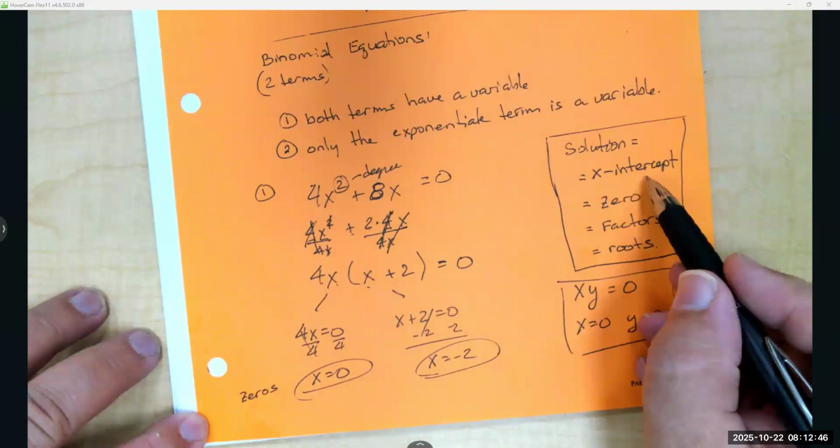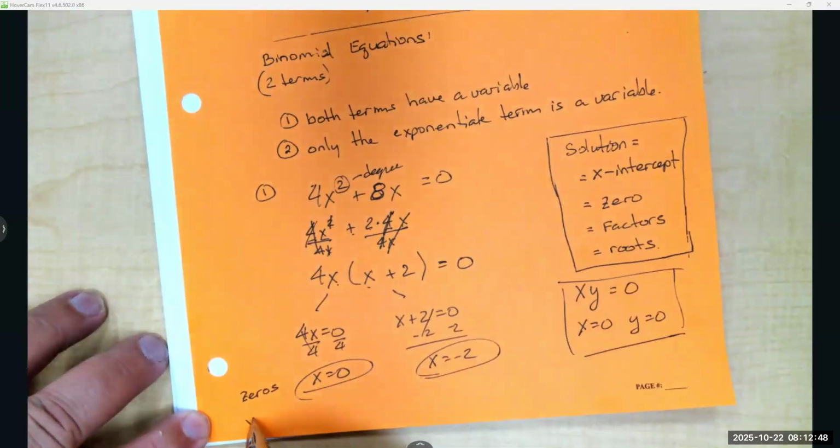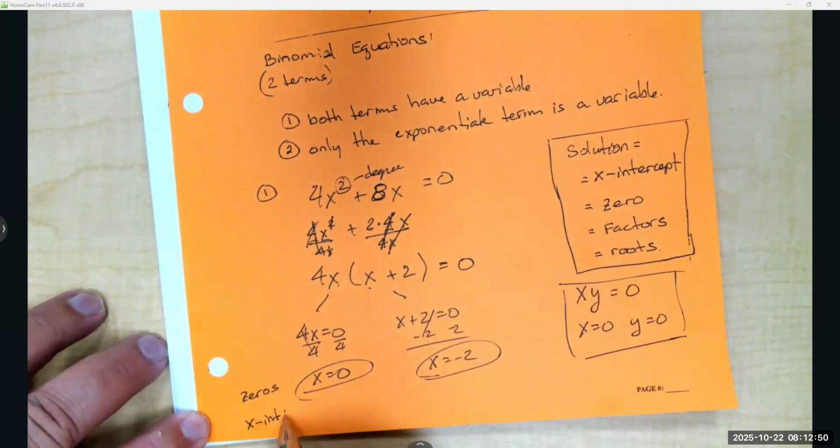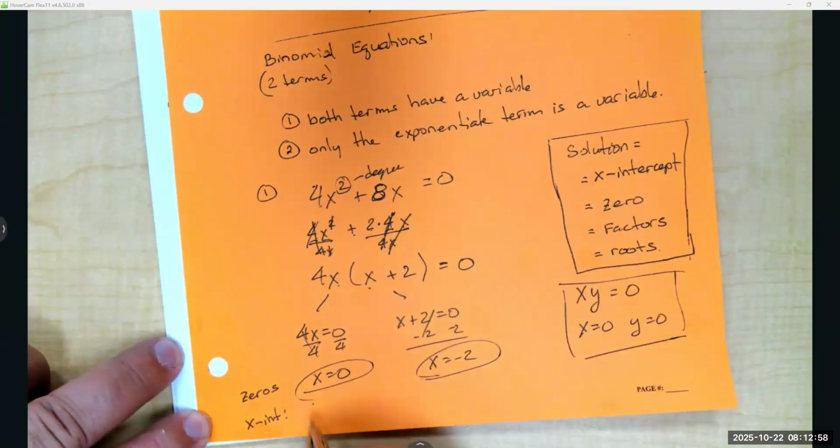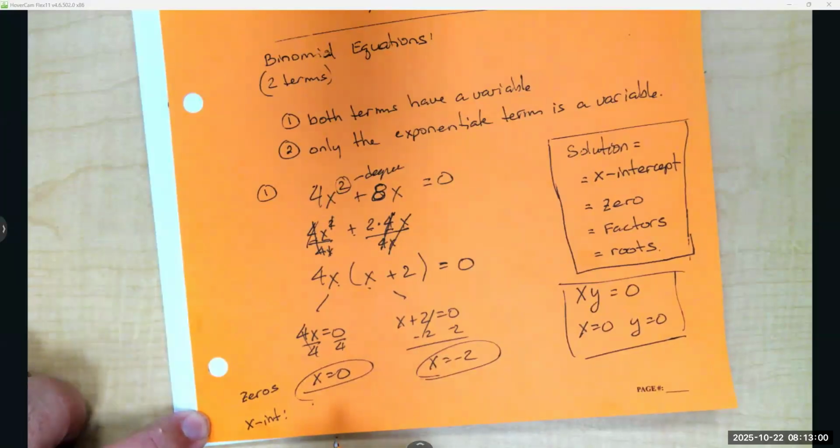How do we represent them as x-intercepts? What are x-intercepts? Well, yeah. But an x-intercept is the location where the graph crosses the x-axis.